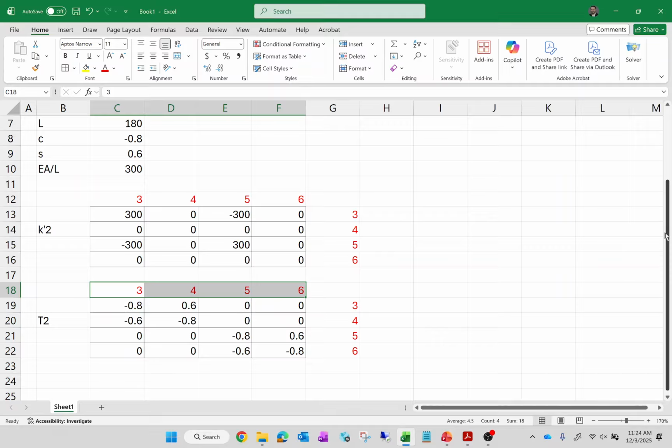Okay, now, so here's the fun part. So how do we calculate our K matrix? We have to multiply 3 matrices side by side. We have to multiply T transpose, we have to multiply K prime, and we have to multiply T. Okay?